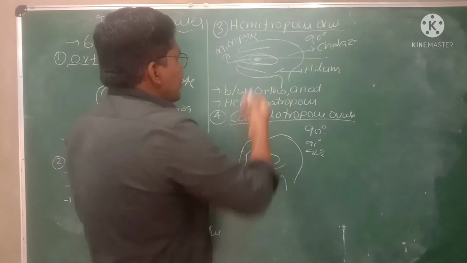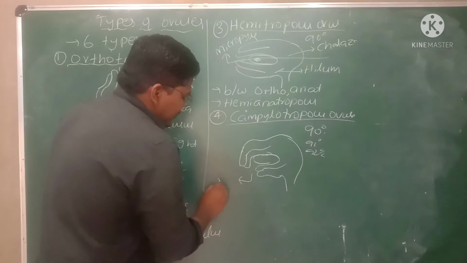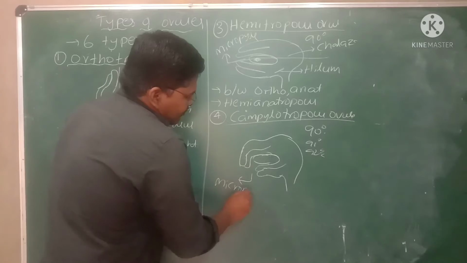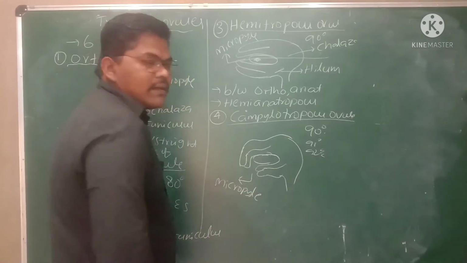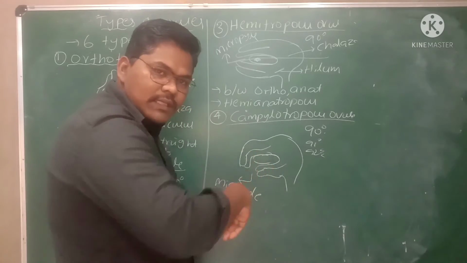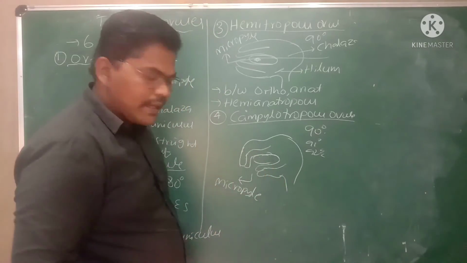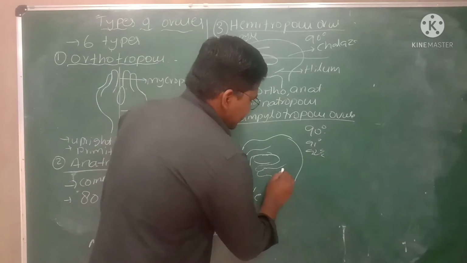But why is it not a hemitropous ovule? Because if you observe, the micropyle, the small opening of the ovule, turns towards the hilum.